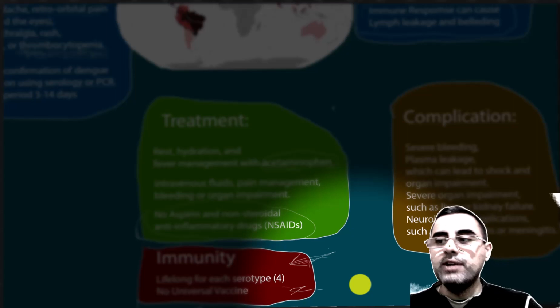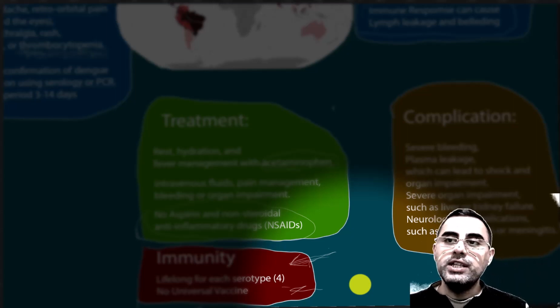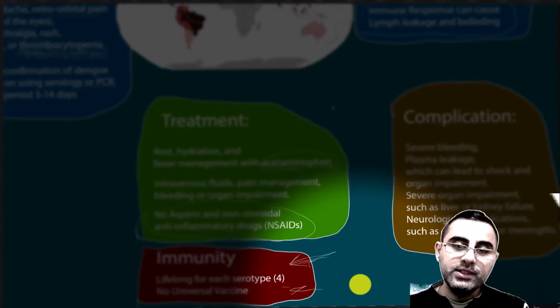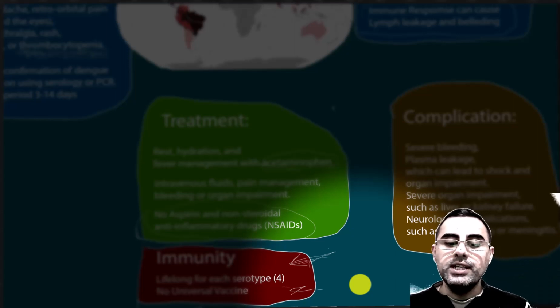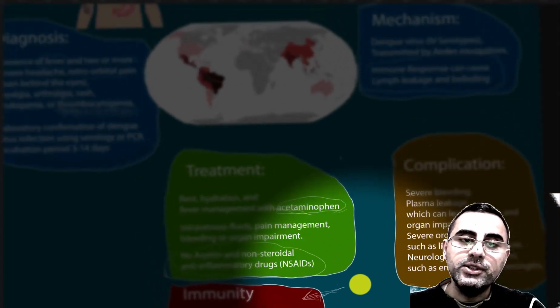So if a person already had one serotype, he or she does not have a second infection with this serotype. If a second dengue occurs, it means he or she is infected with a second, different serotype.